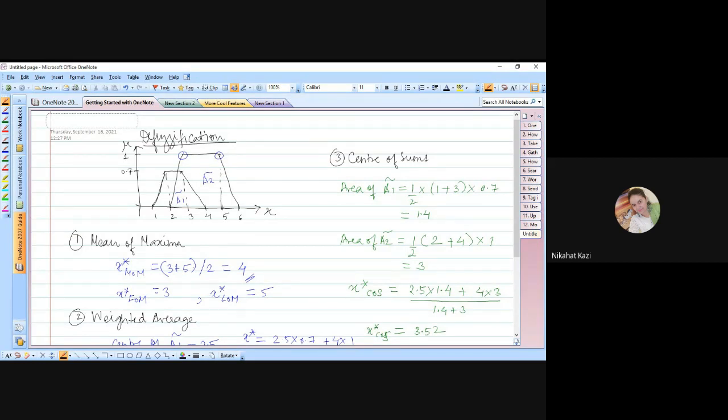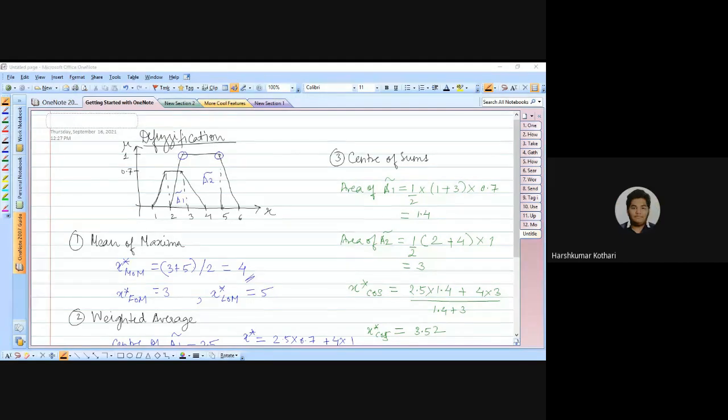That I want to know. Yes, what is the intersection of these two lines? What is this point? 2.7. 2.7, right? So how did you get it, Harsh?